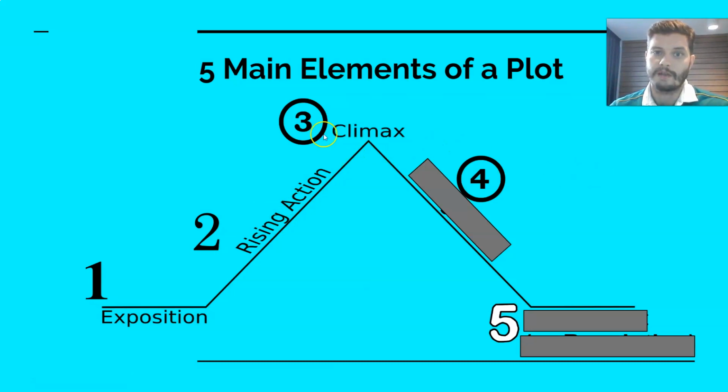Now, the climax refers to the most exciting part of the story where the conflict comes to a head. It's the part of the story where the good guy and the bad guy, the protagonist and the antagonist, would meet up, and essentially, if it's a man versus man conflict, they would probably fight. Okay, it's when Rocky fights Apollo Creed.